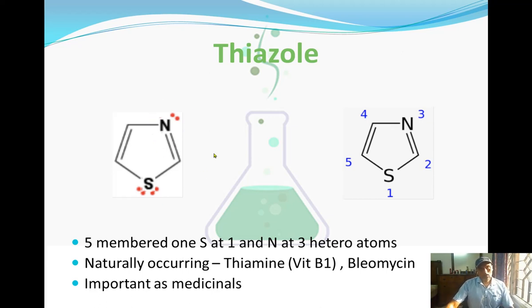These thiazole derivatives occur naturally. You can see them in thiamine, which is vitamin B1, and you can also see them in bleomycin. Bleomycin is also a natural product. It's an antibiotic, which you can get from a fungus, Streptomyces. So the thiazole derivatives occur naturally: one is in thiamine, the other one is in bleomycin.